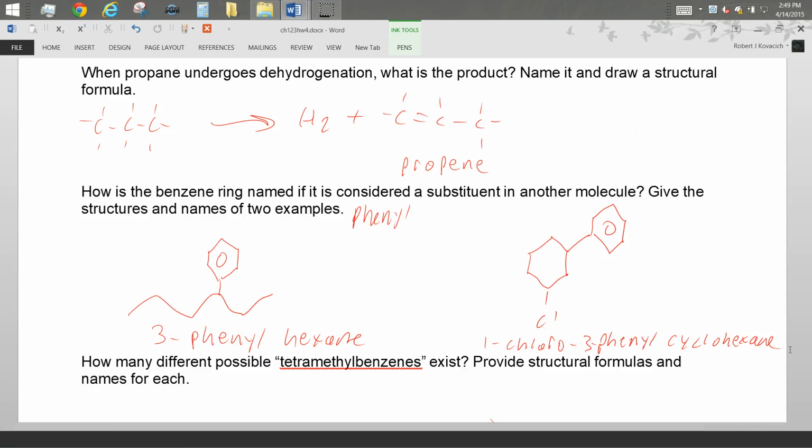So why would it be 1 chloro instead of 1 phenol, like with that one? No other reason. Just alphabetical.